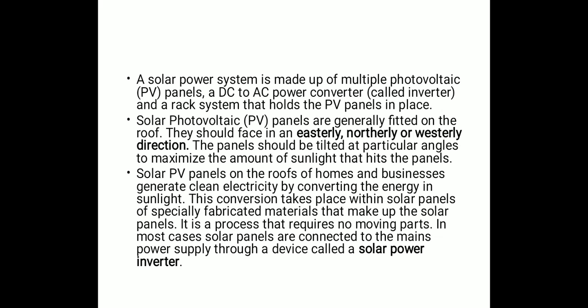By using the sunlight, we can directly convert it into electricity. This conversion takes place within solar panels made of specially fabricated materials. It is a process that requires no moving parts. In most cases, solar panels are connected to the mains power supply through a device called a solar power inverter.